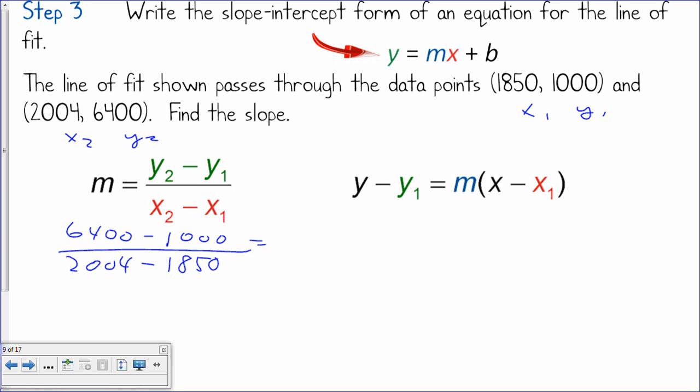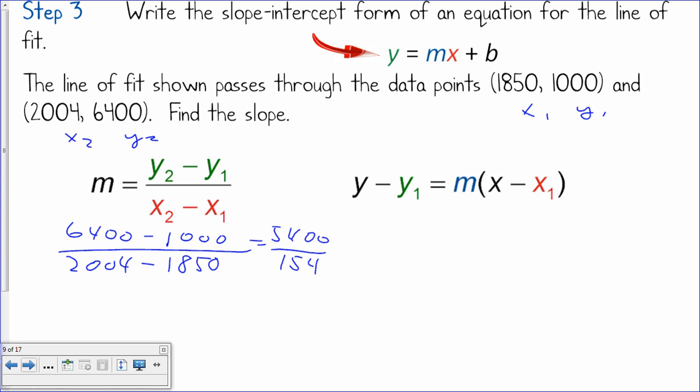What's that going to be? 5,400 over what? Okay, now, can I use this as my slope? No, no. Somebody tell me why. Because it's a huge number, isn't it? What do you think we should probably do at this point?